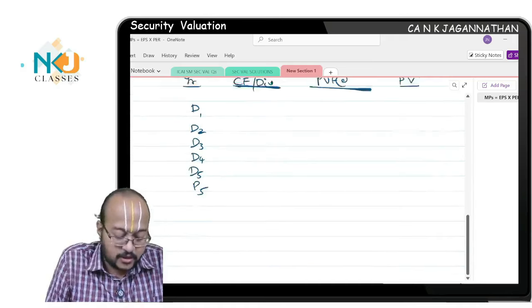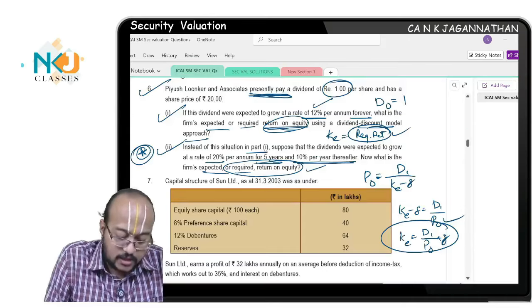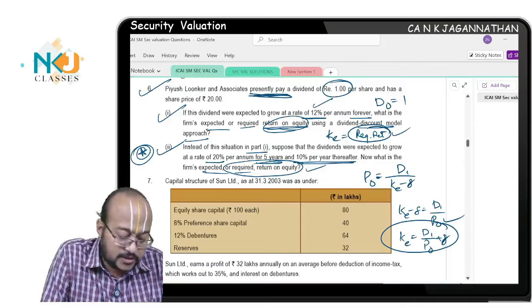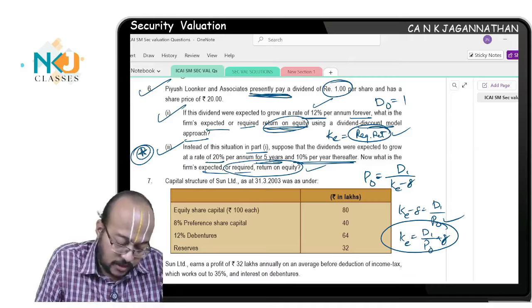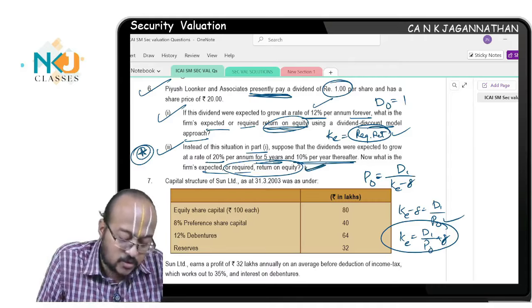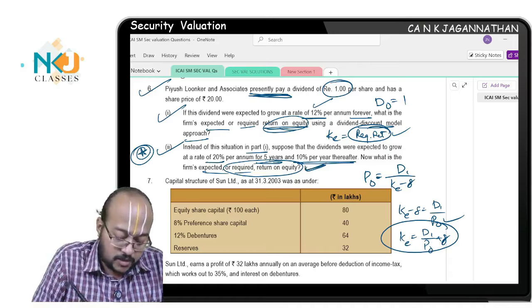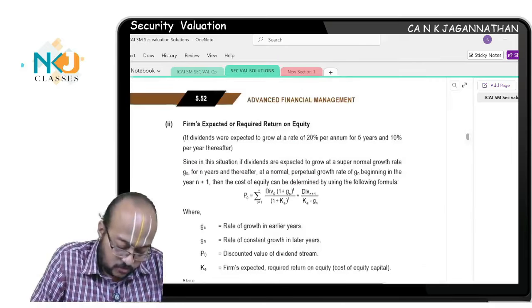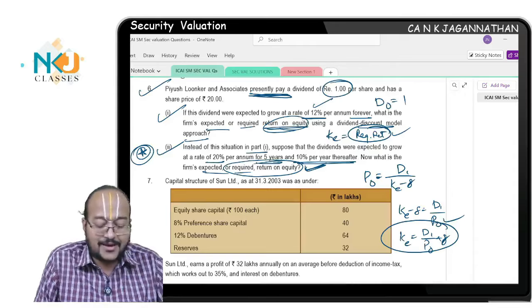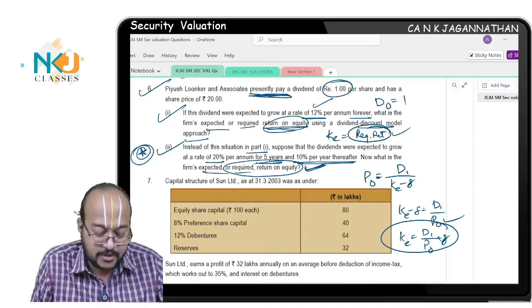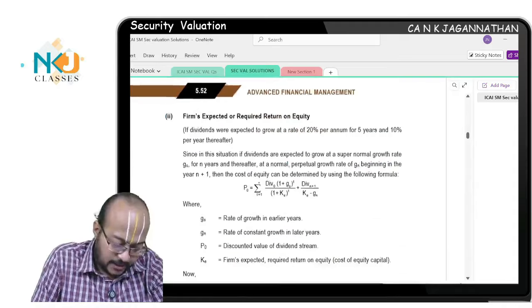Are you understanding? This cash flow you will consider, and then you will discount at some rate and find out the value. The value is given and they are asking to find the KE. Discount at some rate, you will get the value. 20 is the P0. What they have done is the trial and error method. They have used the trial and error method and found out.